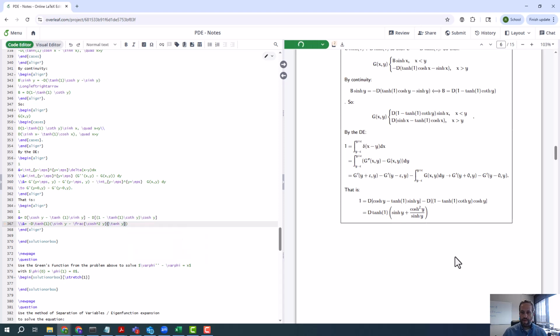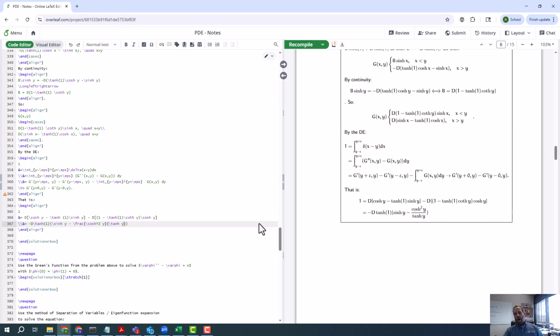Okay. So now let me just make sure I've gotten everything correctly. So I need to have a minus d tanh 1 sinh y, and then it's going to be minus a minus. So tanh 1 cotangent cosh y cosh y, that's what we have there, because the minuses are going to cancel.